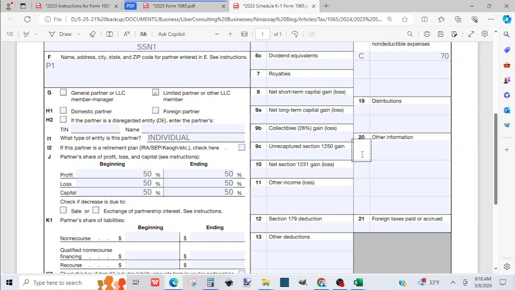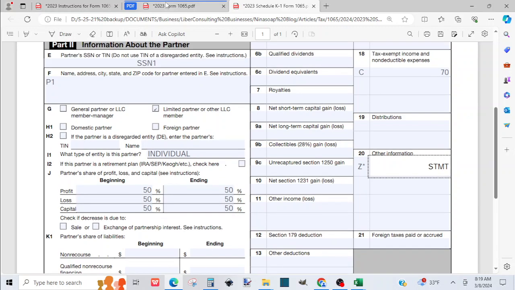So we'll have Z asterisk, and then we'll put STMT, if I got it right here, and then we'll use an asterisk for it. We'll use an attachment, and that attachment will have the detailed information, and the detailed information will include, let's go to the worksheet.